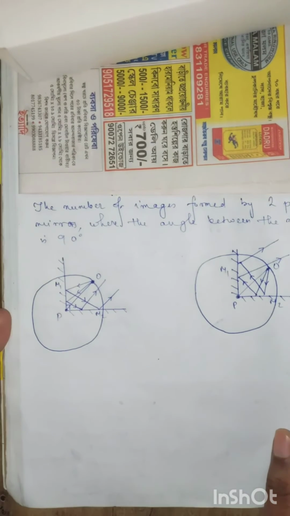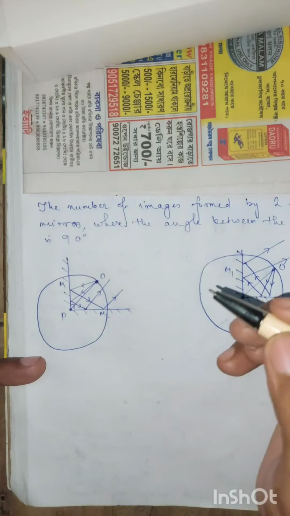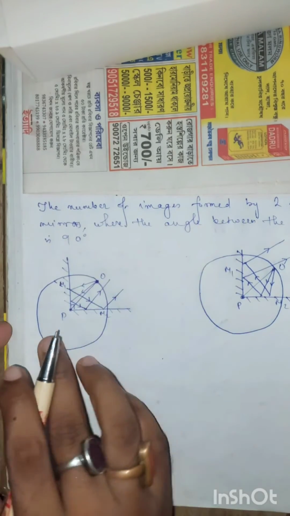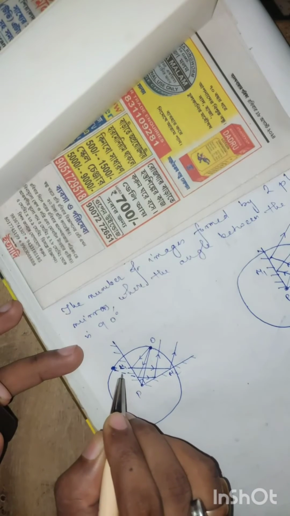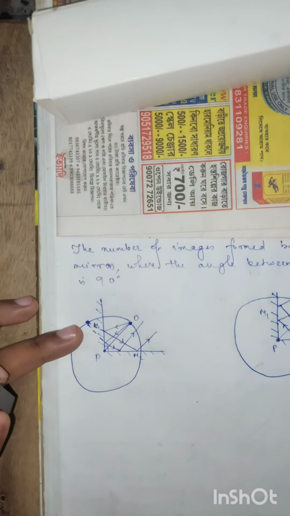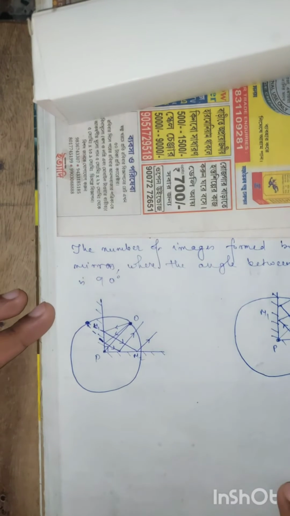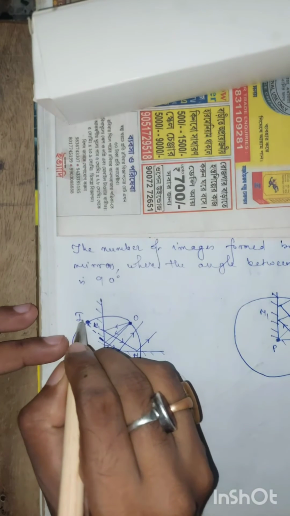So now if we drag this reflected ray backwards, it will meet at a certain point on the circumference. Okay, so this is our first point. Let me call it image 1.